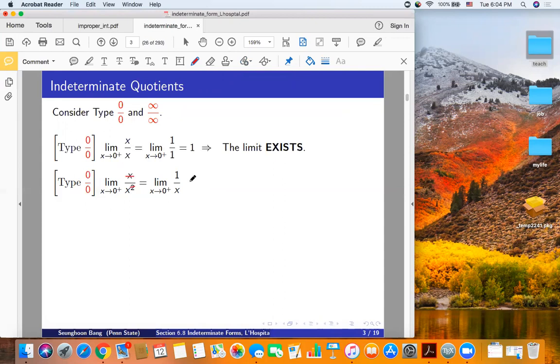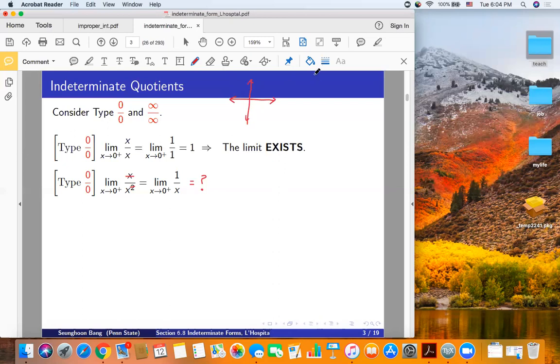So what is the limit of 1 over x as x approaches 0 from the right? Yes, infinity, that's right. You can draw the graph.